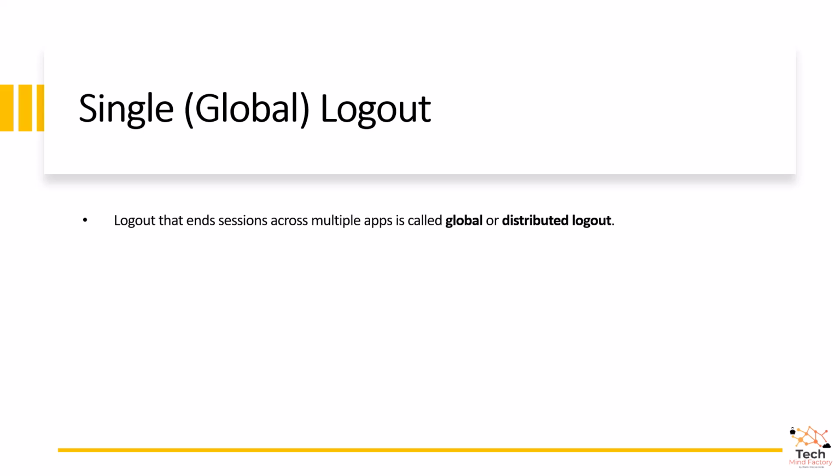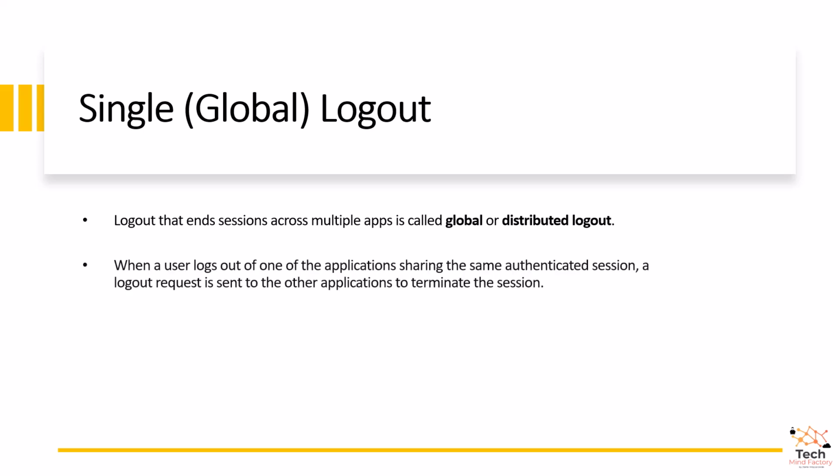So for something like this, we will need distributed or global logout. When a user logs out of one of the applications sharing the same authenticated session, a logout request is sent to the other applications to terminate the session. That's what I will be showing in this video.